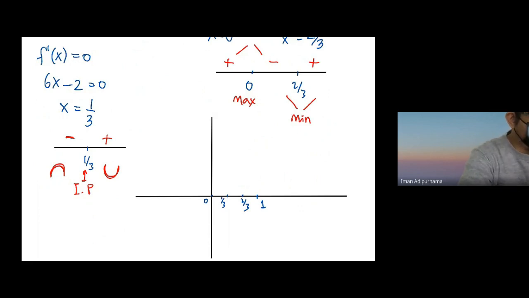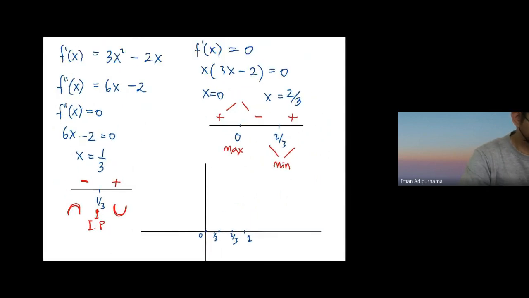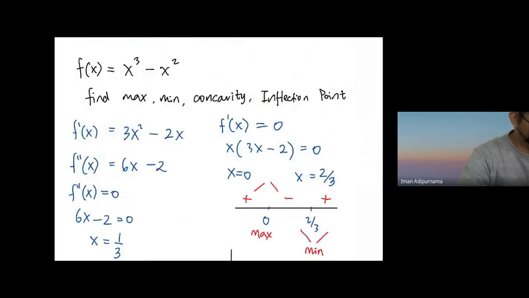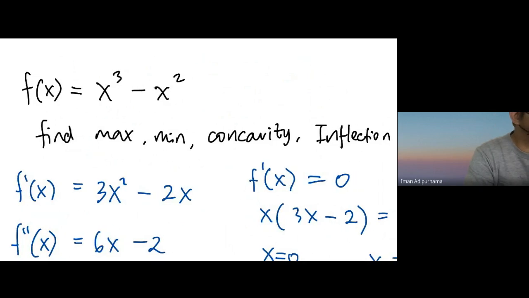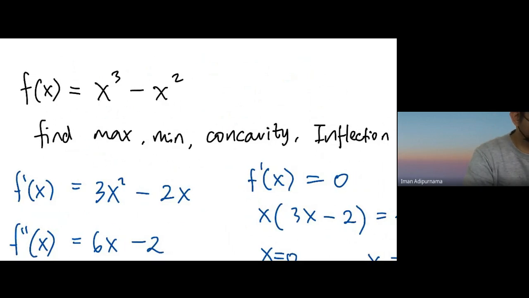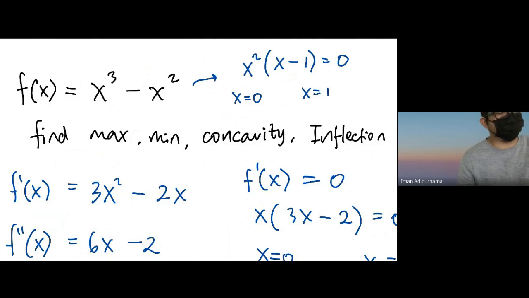Before we include all these calculus calculations, look at the function first. Are there any intercepts? We can check how many roots there are from here. This is x minus 1, set equal to 0. So it will be crossing at least at x equals 0 and x equals 1.